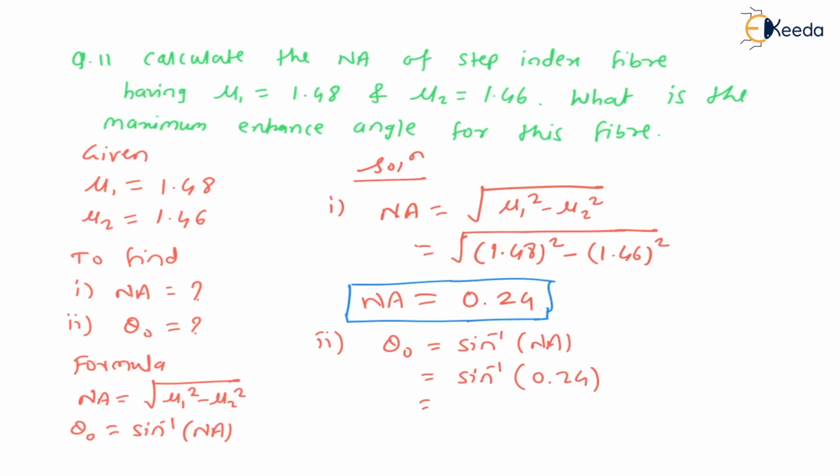So the value is 13.88 degrees. This is the value of the acceptance angle for this particular given optical fiber. So this was another simple problem. Now we'll go for the next one.